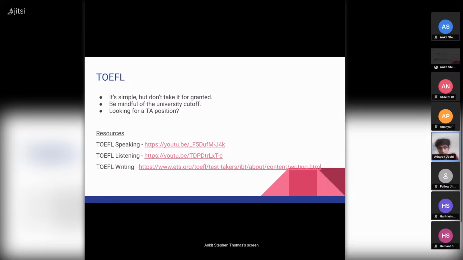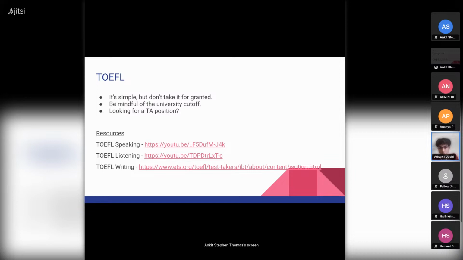TOEFL. The English in TOEFL is relatively simpler compared to GRE. If you have done well on the GRE vocab, TOEFL should be a breeze. But there is still a tendency to make silly mistakes. One thing is to read the question carefully and answer accordingly, because most of the time you will overlook what they've asked and mark something else.